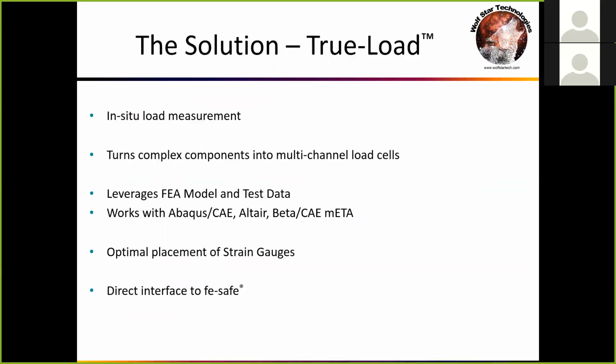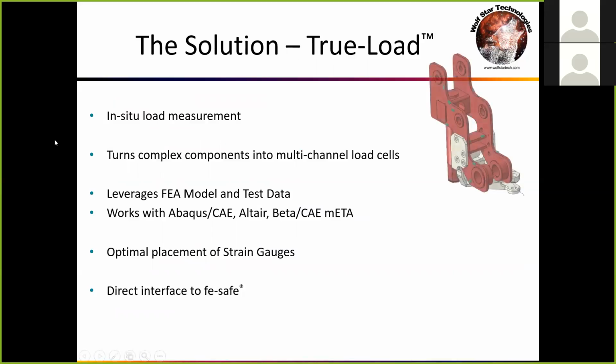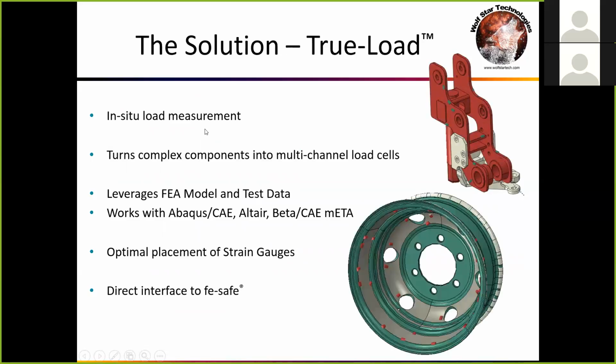Well, the solution here is TrueLoad. So TrueLoad in three words is basically in situ load measurement. We're going to take your component and turn it into a load measuring device by strategically placing strain gauges on your part in response to unit load cases. And we're going to leverage the FEA model and the test data to work together, and we'll get you optimal strain gauge placement and strain correlated loading.